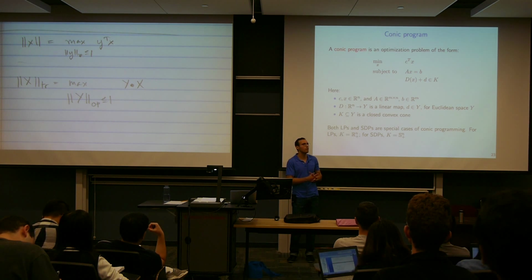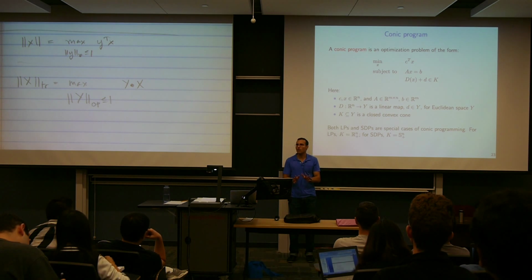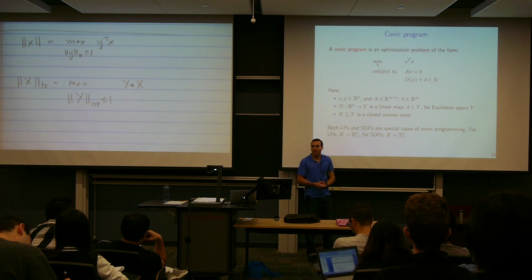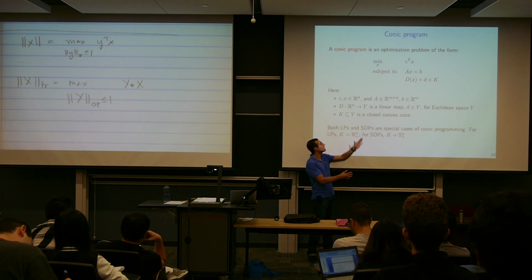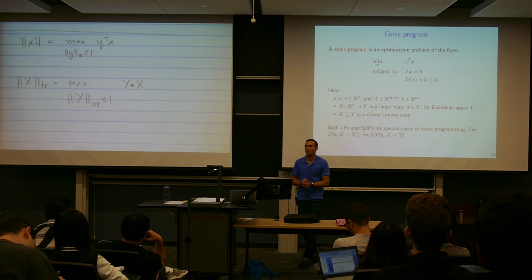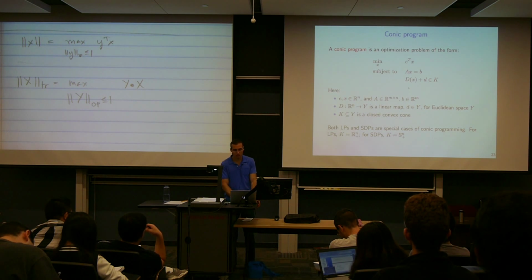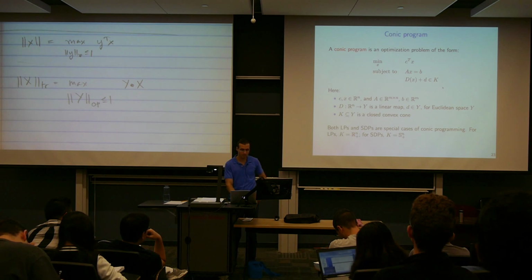I think that's a little bit confusing. So the way to think about it is you have a convex cone K that you like, and you're enforcing the constraint that Dx plus d has to be in that cone. That's all a cone problem represents in place of Dx less than or equal to d.